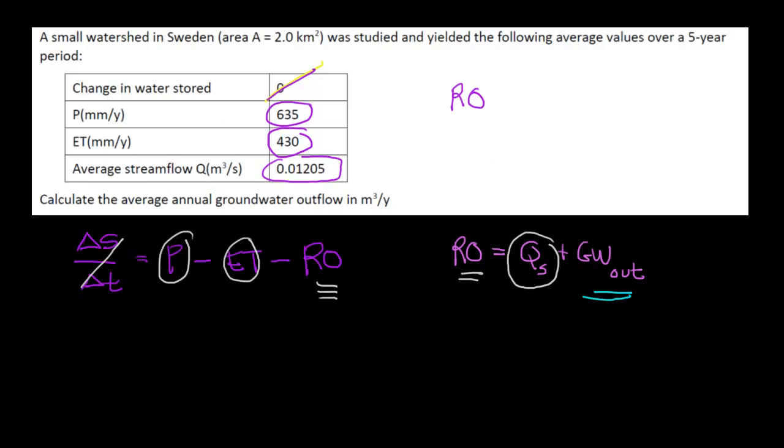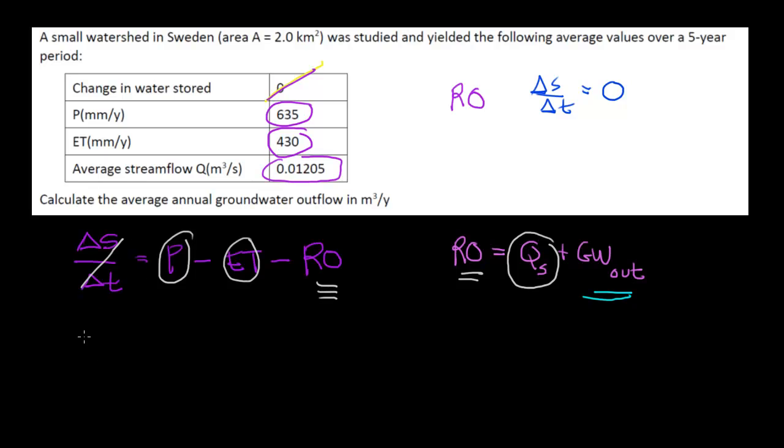So let's just write down what we know here. So once again, we have that the storage is equal to 0. And we're going to have to convert precipitation and evapotranspiration into a volume per time unit.